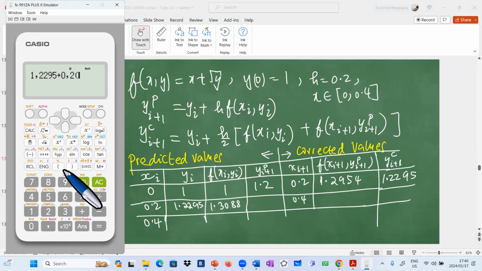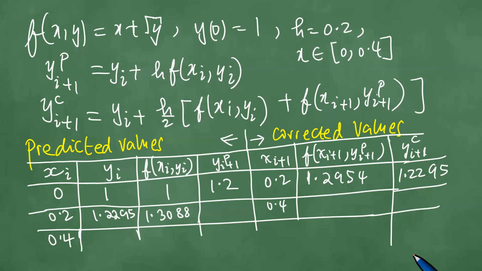Then you close. What is the f? It is 1.3088, close. Right, so it is 1.49126. So this one here is 1.4913.